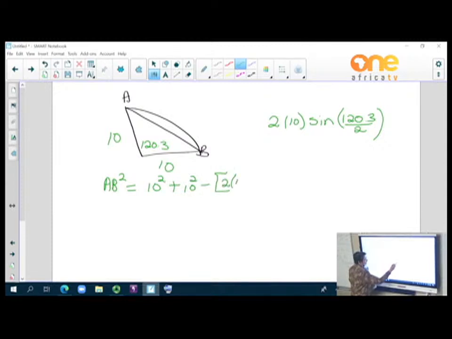So it's 10 squared plus 10 squared minus 2 times 10 times 10 cosine 120.3 degrees. This is the formula that we will be using. And then remember to write AB, it's not AB squared anymore. And it is then 17.3. So all the time we are busy with trigonometry as well.